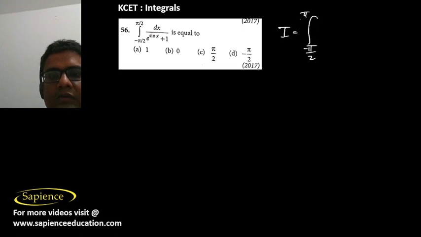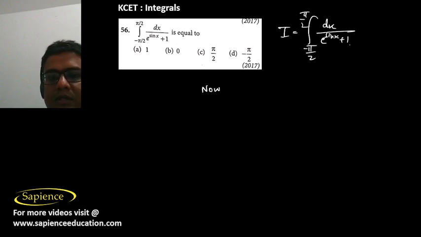Then in question number 56, we are told to find the integral I, which is minus pi by 2 to pi by 2 dx by e power sin x plus 1.